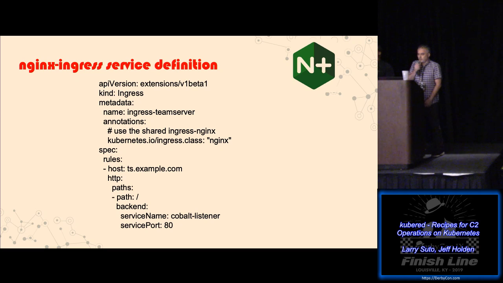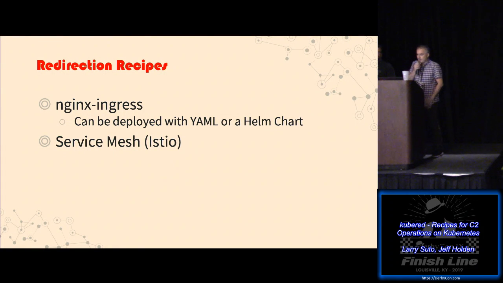Everything that a traditional Nginx reverse proxy supports, you have access to through these annotations. And this is saying if something connects to this service that we set up as Cobalt Listener, which is basically the Cobalt Strike team server, if something hits URL/, this is one without a malleable C2 profile, just route it directly to the Cobalt Strike team server.